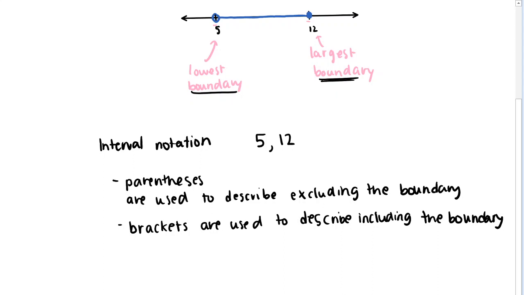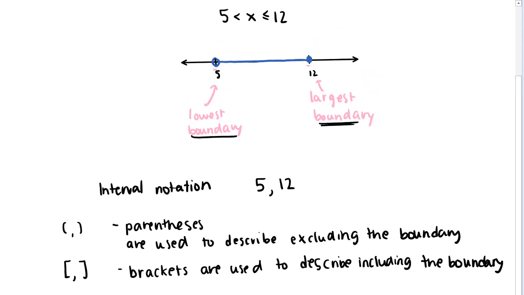Right, so by parentheses, I mean these symbols, and by brackets, I mean these symbols. So here above, we're saying, exclude the value of 5 from our continuous set of numbers. We'll wrap that with a parenthesis on the left. And then we want to include the value of 12, so we'll wrap that with a bracket.